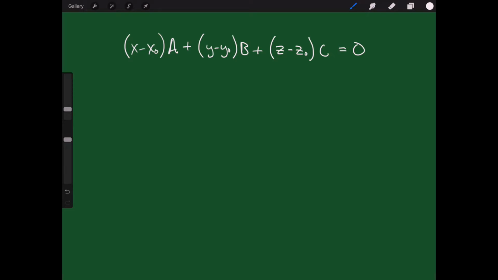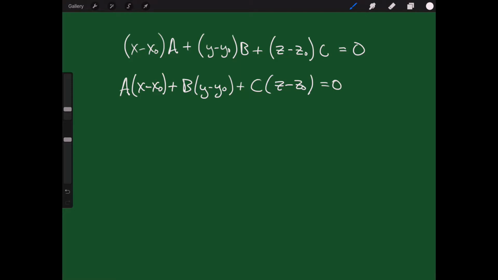Okay, so what I end up with is there are really two ways that I could write this. Typically, we pull these constants out in front and we write a times x minus x0 plus b times y minus y0 plus c times z minus z0 is equal to 0. That's one way to write it.